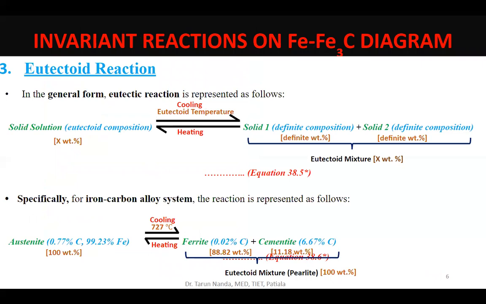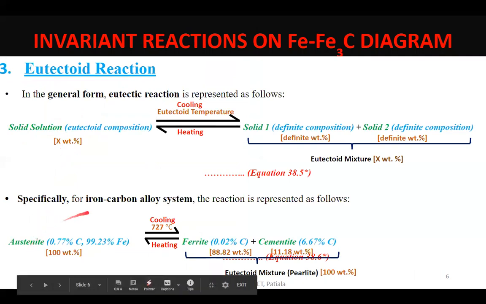Students, we come to the final and the most important invariant reaction shown by the iron carbon system, and this reaction is called the eutectoid reaction. See, this is the general form if the eutectoid reaction is to occur in any material system, specifically in an iron carbon system.